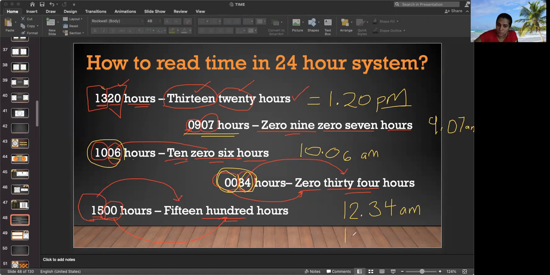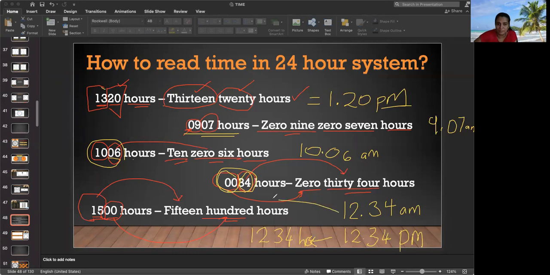Now, what would the time be if it's 12:34 PM? How do you write this in the 24-hour system? You would just write 1234 hours, because it's 12 hours, 34 minutes of the day.